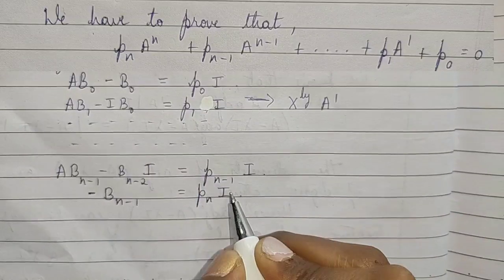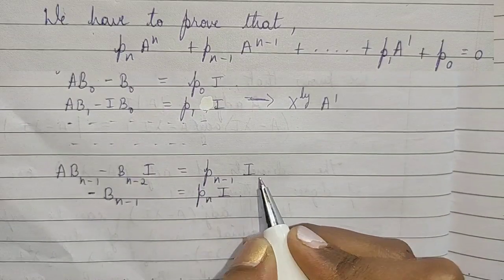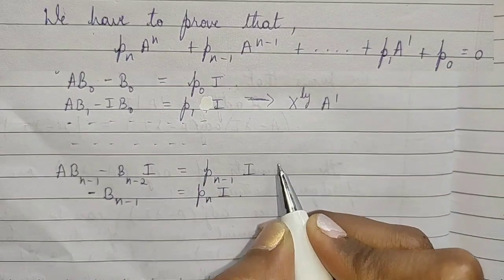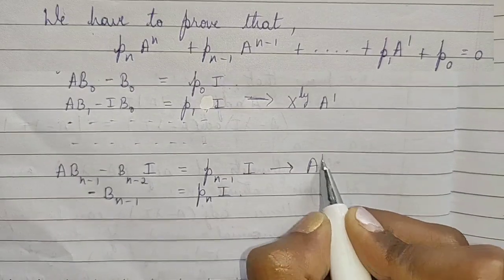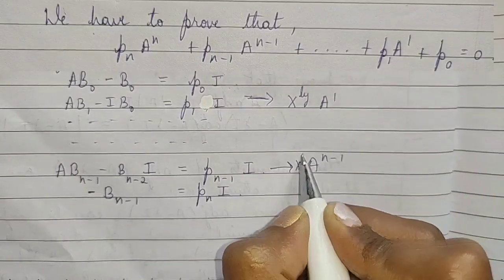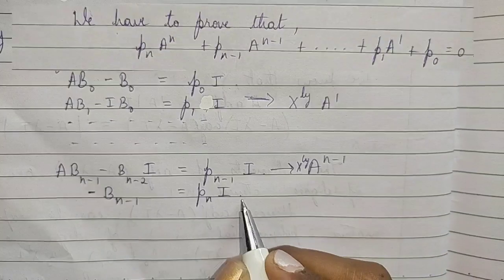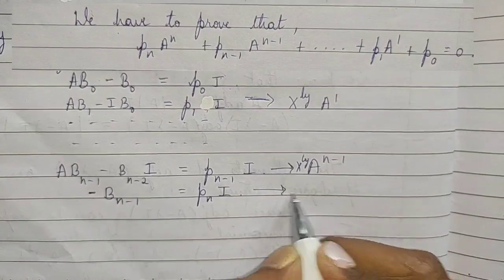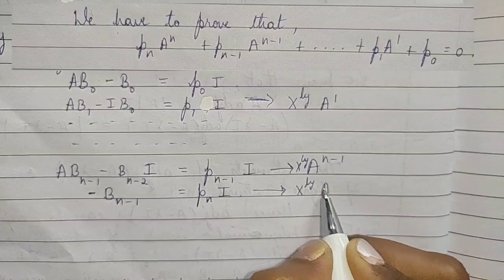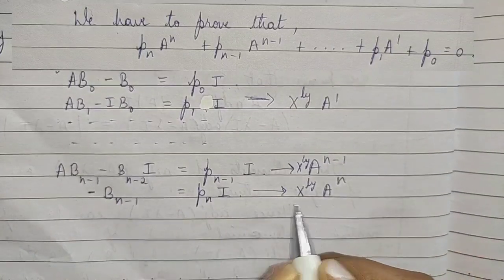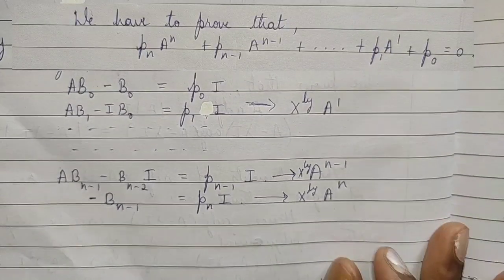Again going on, check it out, P n minus 1 into I into what did you have in order to prove? We had A to the power of n minus 1. So multiply A to the power of n minus 1 to this. Again with P n we had A to the power of n, right? So multiply along with this.